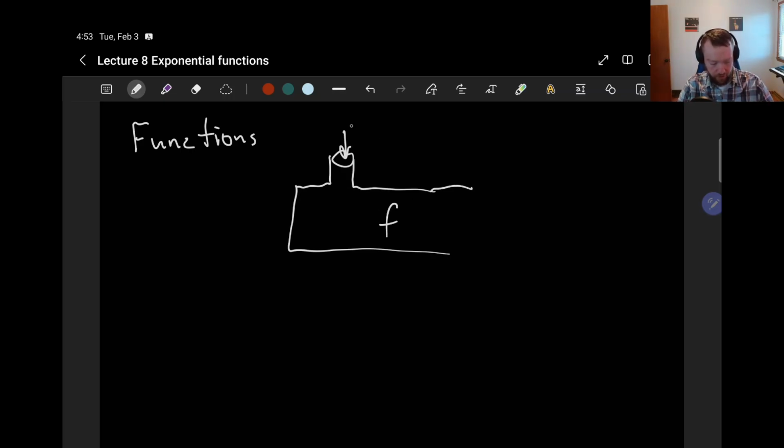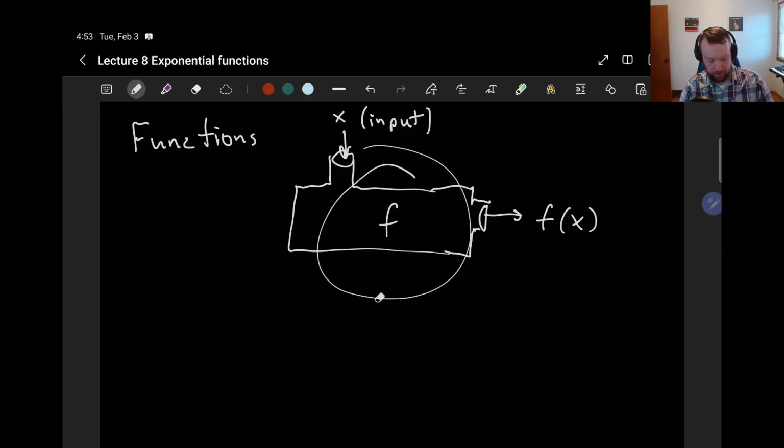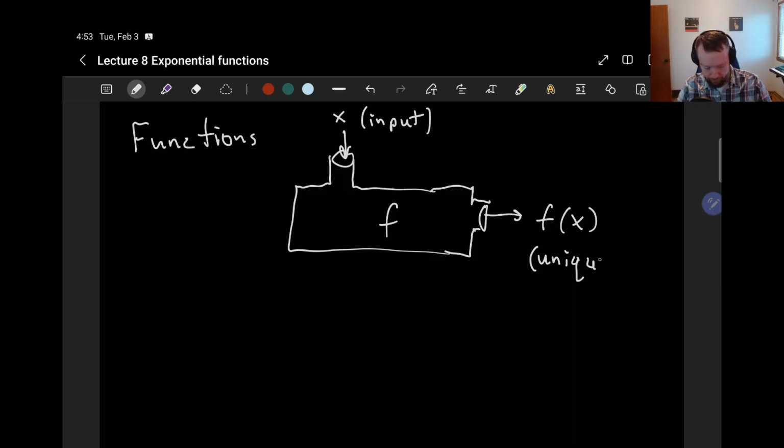It's this process where you assign an input, x, to a unique output, which we call f of x. So this very process of assigning an input to a unique output is a function.